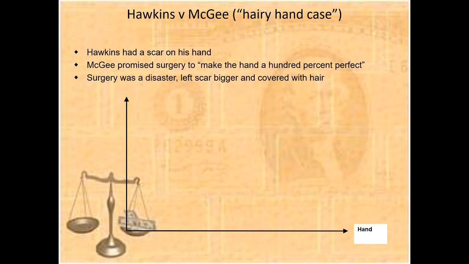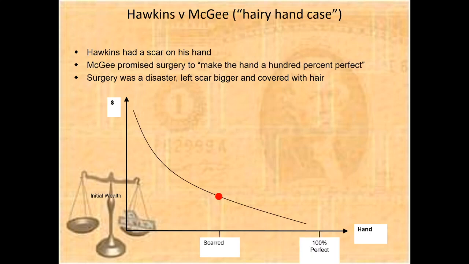So that is going to have different points. This is a 100% perfect hand, versus a scarred one, and this is the difference people may be having.